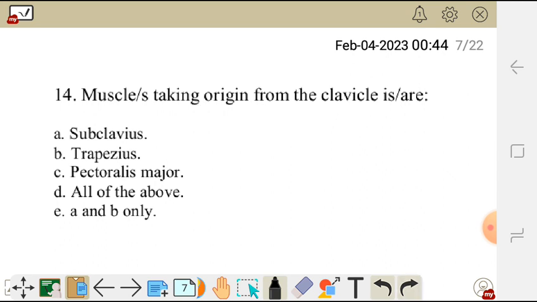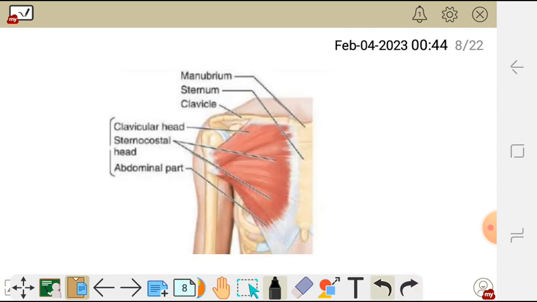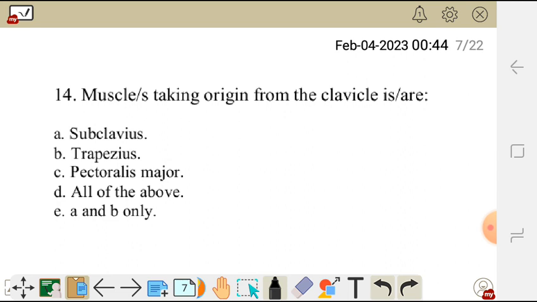The muscle that originates from the clavicle is the pectoralis major. The pectoralis major originates from the clavicle there, and from the sternum, this part, and from the manubrium here. So the correct answer is that the pectoralis major muscle originates from the clavicle.